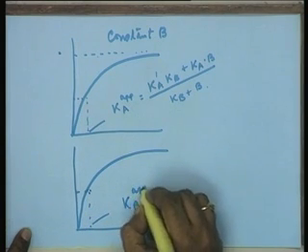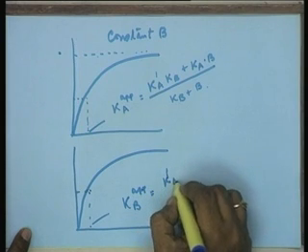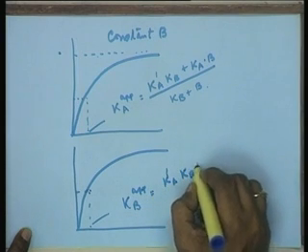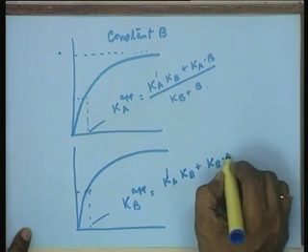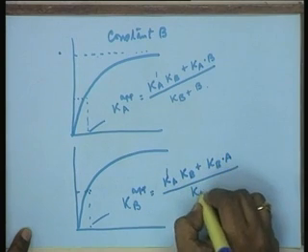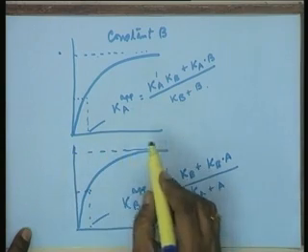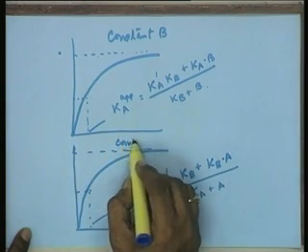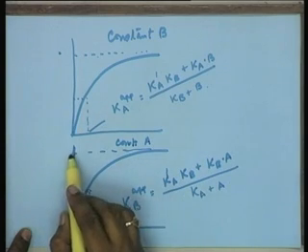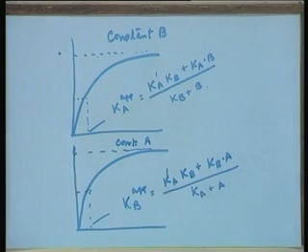Km apparent will be equal to K dash A Kb plus Kb into A upon Ka plus A, and here also this is your constant A. This will be the maximum reaction velocity when A becomes saturating, and such a situation can be conceived as a simplification of the Michaelis-Menten system.